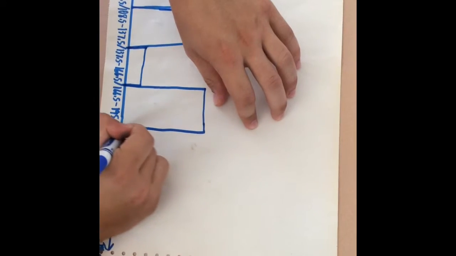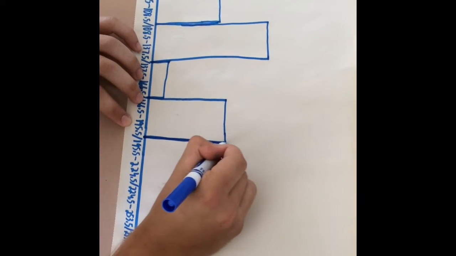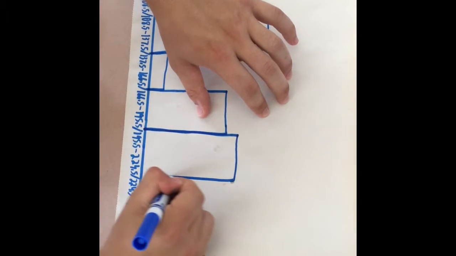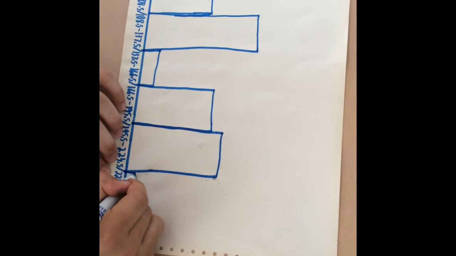Your fifth, up 10. Your sixth, up 2. And your last boundary, you will go up 2, over, and down. And that is how you make a histogram.